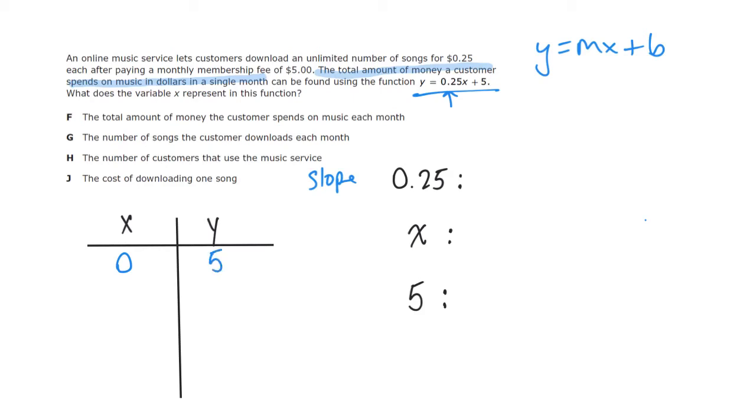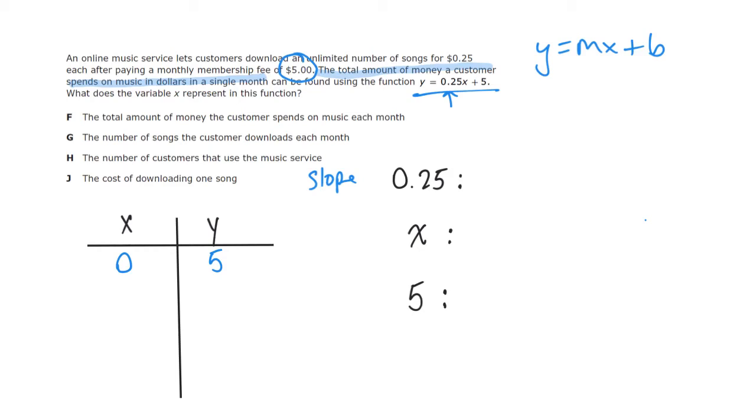And 5, you'll remember, is that initial fee, or sometimes I call it the flat fee, for joining the online music service. So before you ever even download one song, you're going to be paying this online music service $5 before you even purchase any songs. So when you purchase 0 songs, you're going to be paying $5.